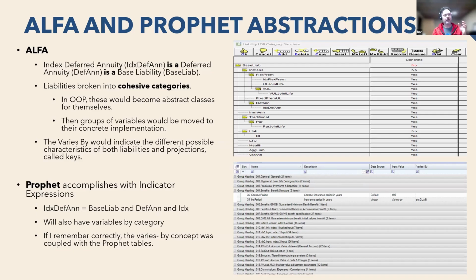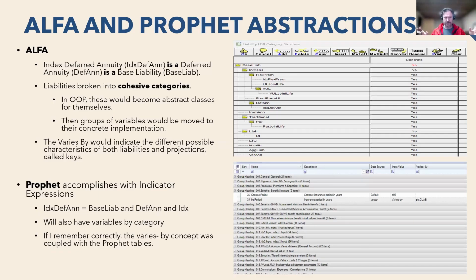If you look at this hierarchy of types, you should notice that these are very broad types. These are very high level. It's a deferred annuity type. What that means is that an ALFA model is very tightly coupled, because below the liability type would be the concept of a product type, right?